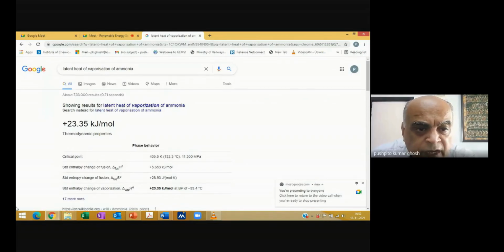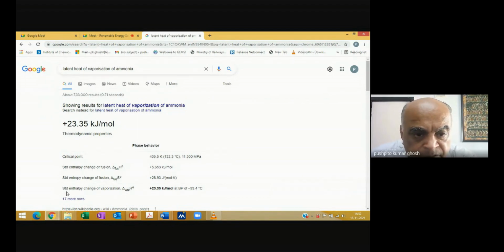Okay, let me just check. I'll just see if I can get any data on the latent heat. It's here. So plus 23.35 kilojoule per mole. That's the latent heat of vaporization, the standard enthalpy of vaporization, plus 23.35 kilojoule per mole.